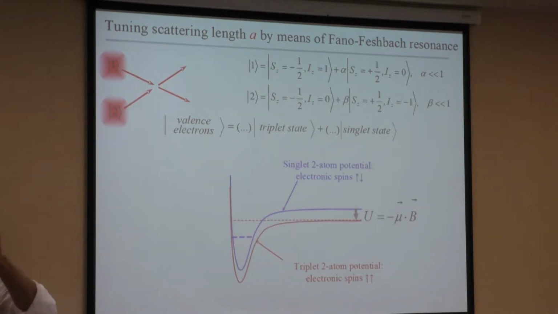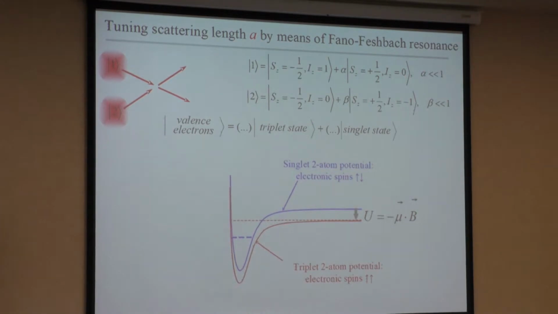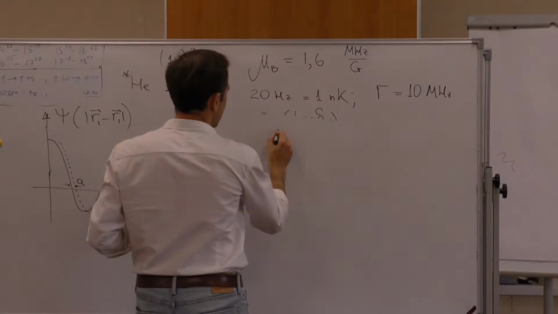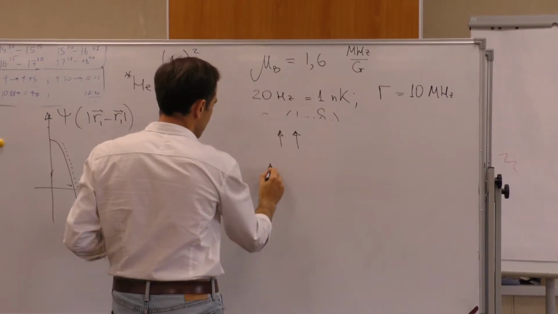Those 2 valence electrons are indistinguishable particles, which means the electron from atom 1 and the electron from atom 2 should generally be in a superposition of triplet electronic state and singlet electronic state. So the states of those two valence electrons are either triplet, both spins up, or singlet.